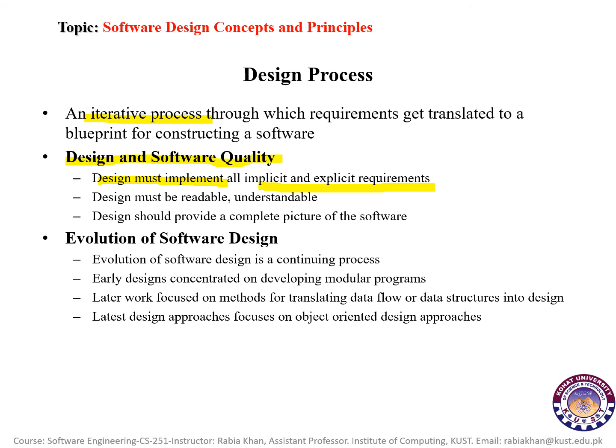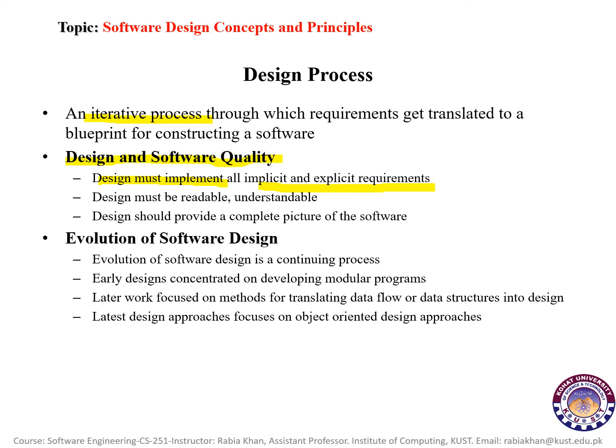So the normal requirements are those requirements which are explicitly stated by the customer, and the expected requirements are those which are the implicit requirements. That means that must be present within the software as expected in every software. So those are the implicit or expected requirements, while explicit requirements are the normal requirements that are generally told by your customer.